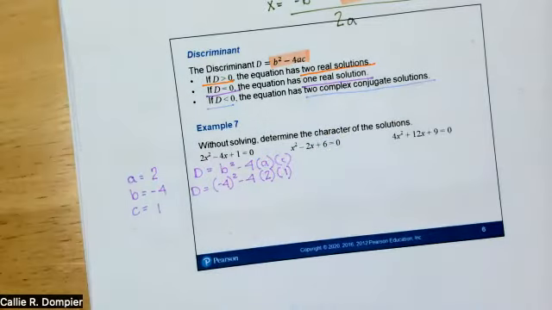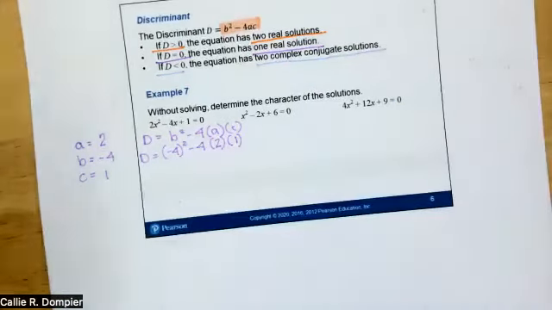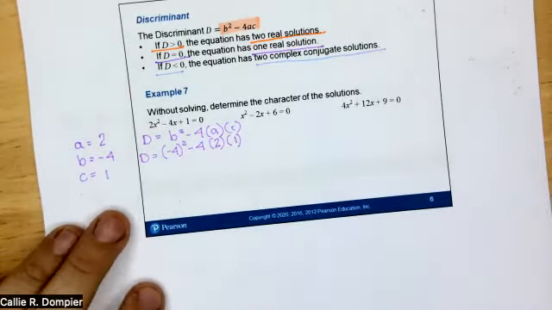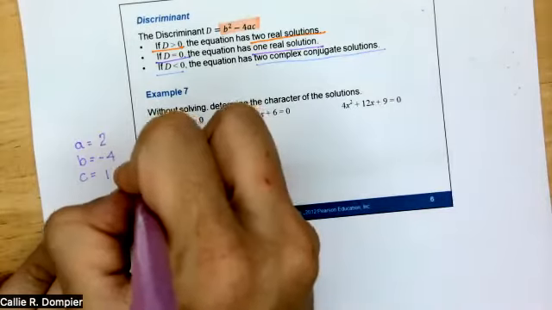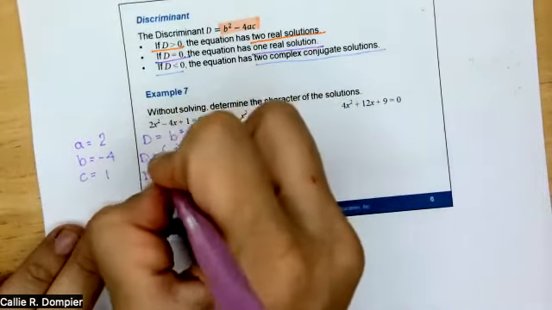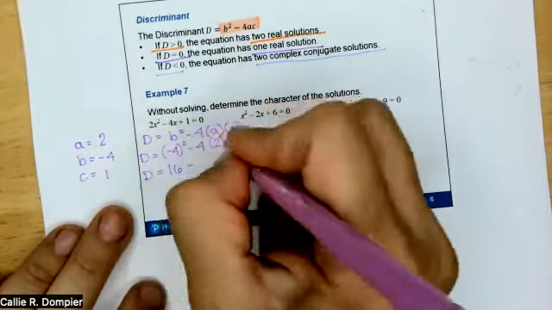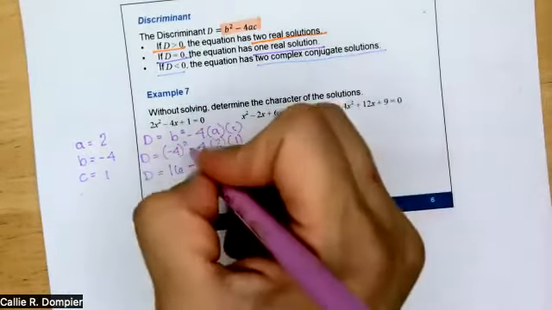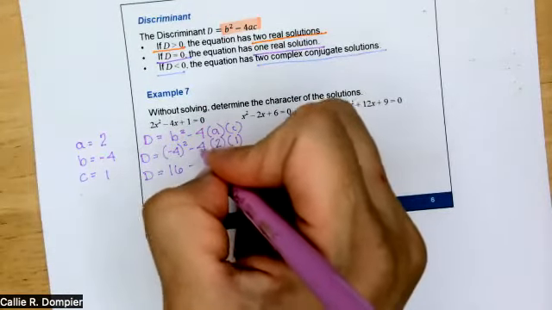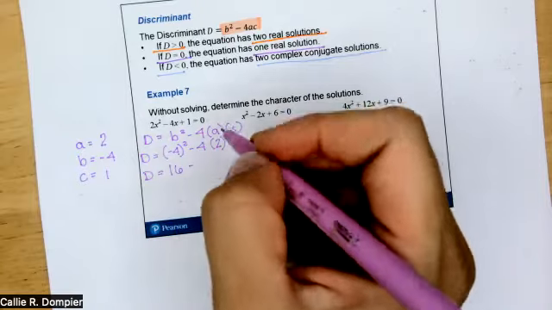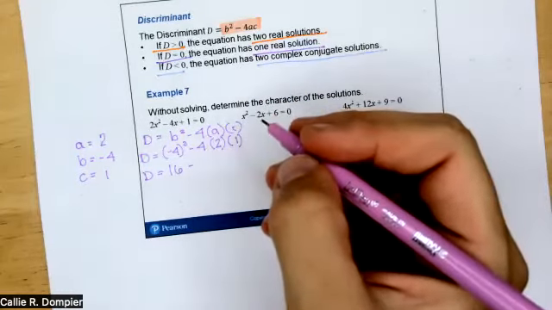So you're just doing kind of the middle of the quadratic formula to decide how many answers you will get. -4 squared is 16. 4 times 2 is, sorry, -4 times 2 is -8. -8 times a positive 1 is -8, right?